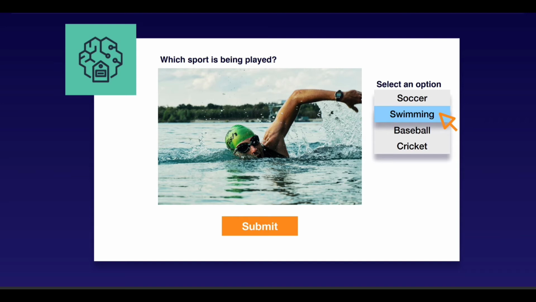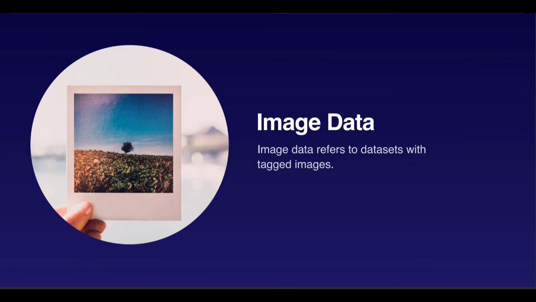Now, the next type of data that I want to discuss is image data. And image data can come in many different forms and many different shapes. Essentially, image data refers to data sets with tagged images. And image data can be used for analyzing facial recognition, action recognition, things like object detection and handwritten characters.